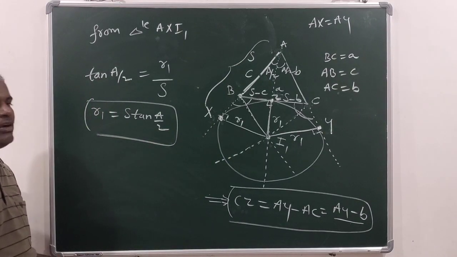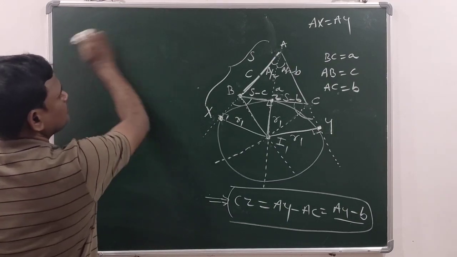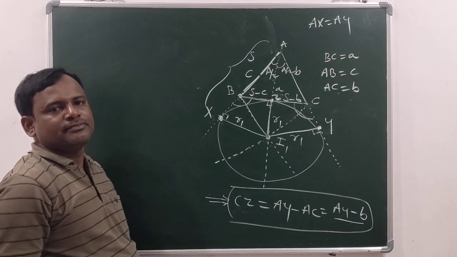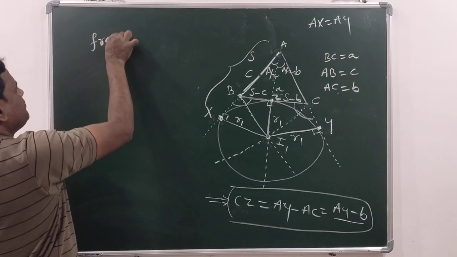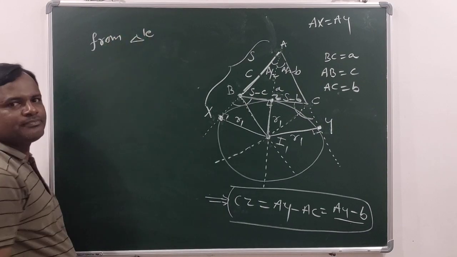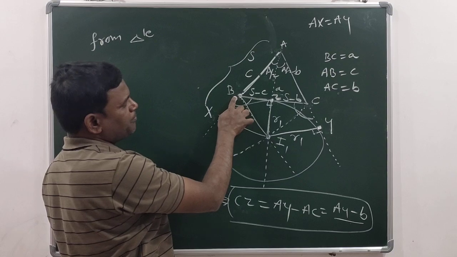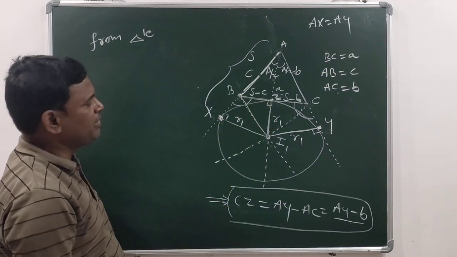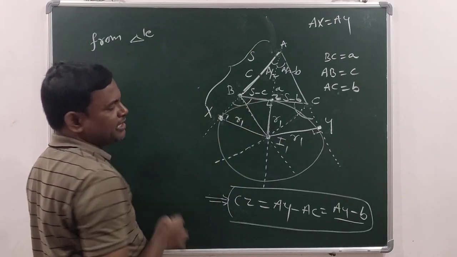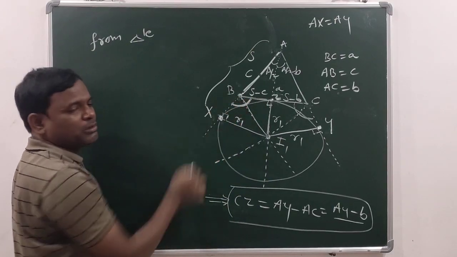Okay. Now let us learn one more relation for this R1. So here, now I am considering triangle BZI1 in which, so students, see, this complete angle measure will be how much?